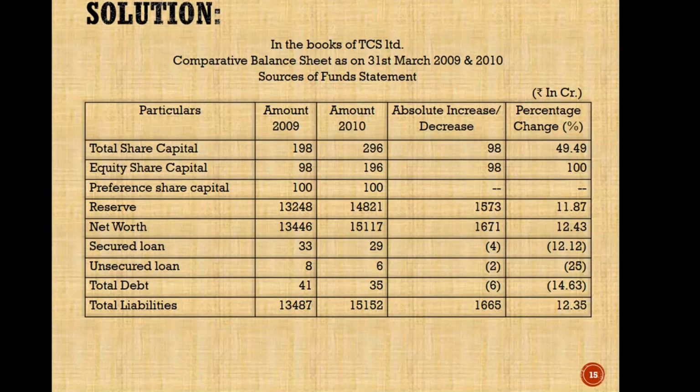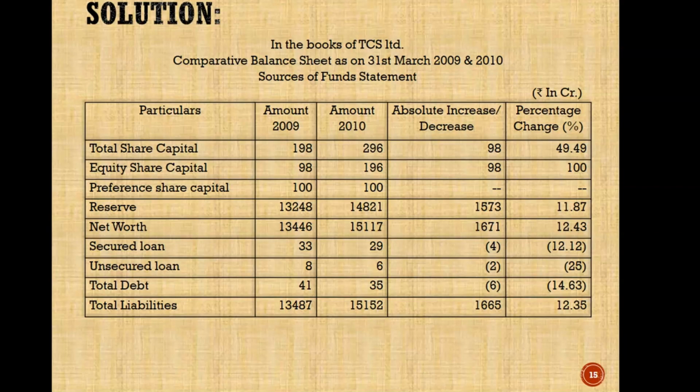So on the top, we are writing in the books of TCS Company Limited because this data is concerned with TCS Company. So that's why we have written that in the books of TCS Company Limited. Comparative balance sheet as on 31st March 2009 and 2010. So this is a comparative statement and we have to mention the year for which we have prepared this comparative statement.